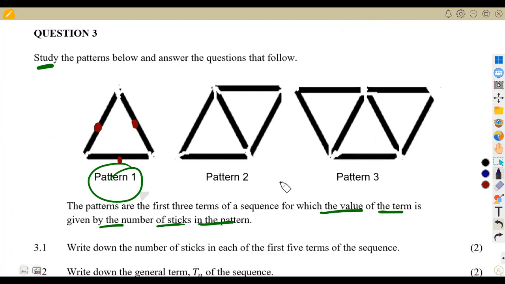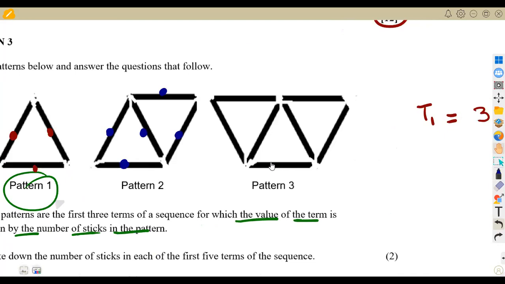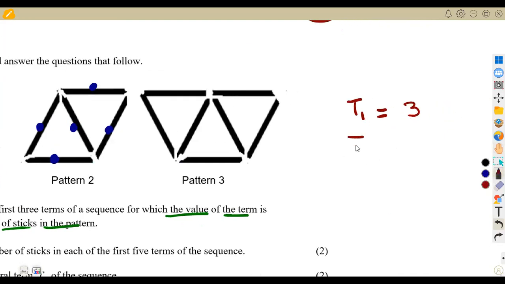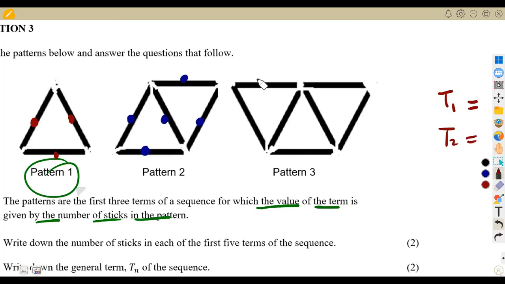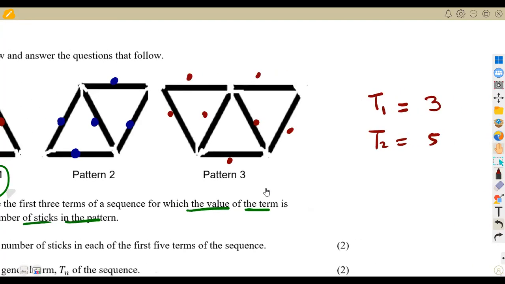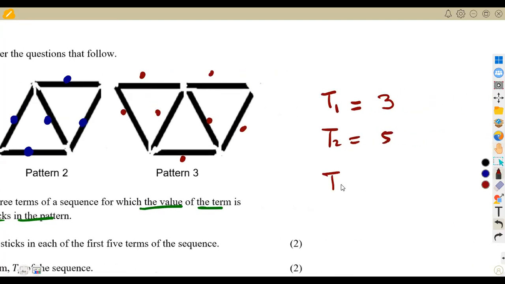How many sticks on T2? 1, 2, 3, 4, 5 sticks. So that's our T2 is equal to 5. You move on. The third one, that is 1, 2, 3, 4, 5, 6, 7 sticks. So T3, which is for pattern 3, our T3 is equal to 7. This is what they are simply saying.